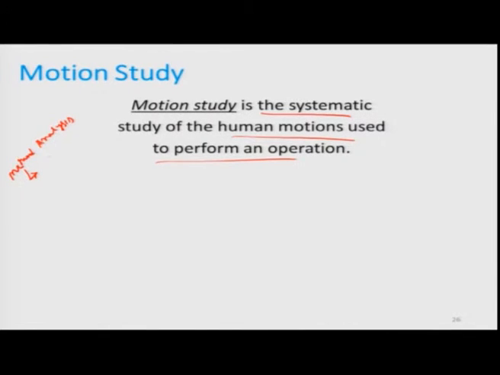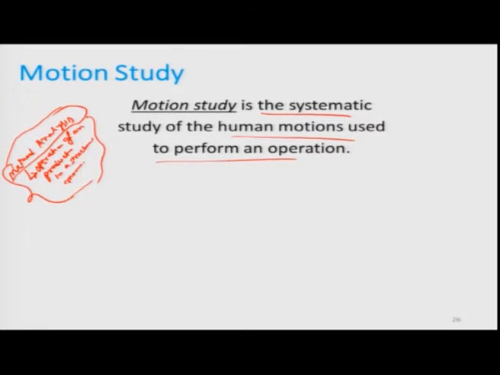We performed the operation of a product in a structured manner. So, this analysis helps in structuring your operation.